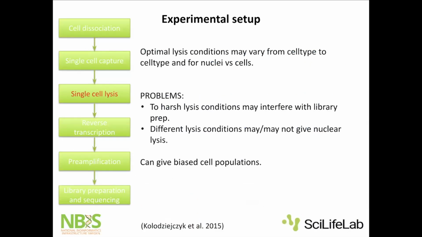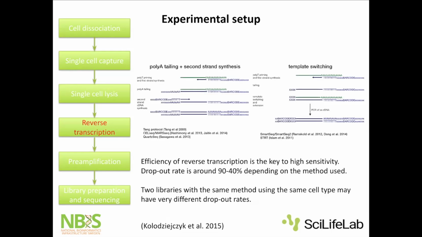Then the next step in the analysis is the lysis, and of course we might get breakage of some cells and some might not break. What you can notice is that you might get more or less of a nuclear bias in different cell types. If you don't lyse the nucleus of all cells, that will bias your RNA content. Otherwise, I think this is a fairly straightforward part.